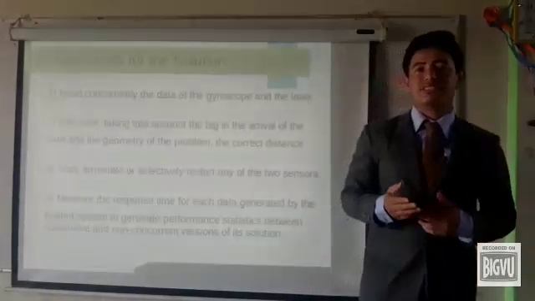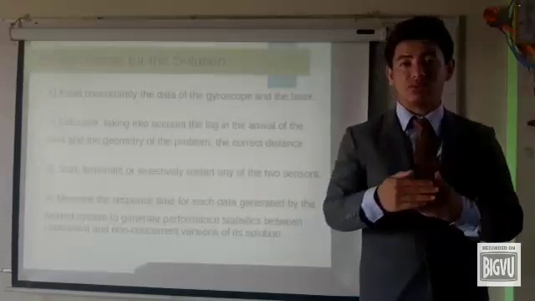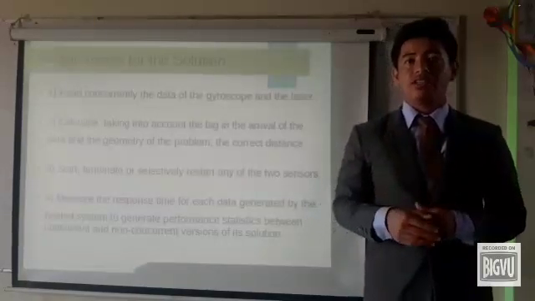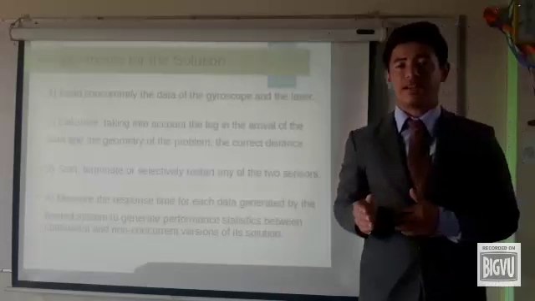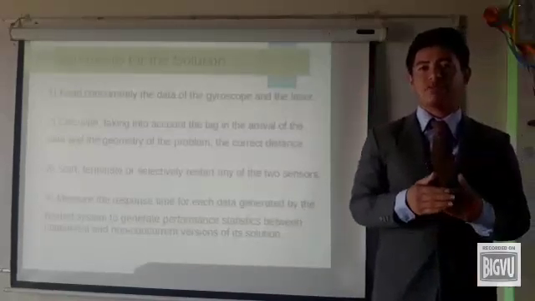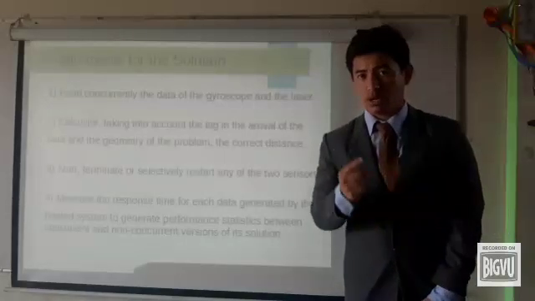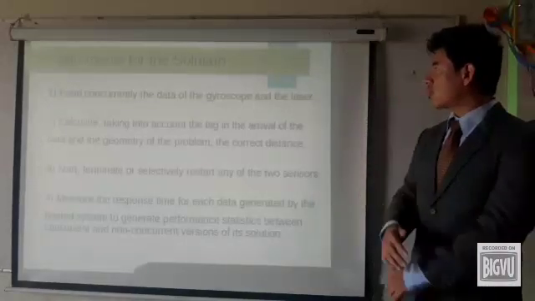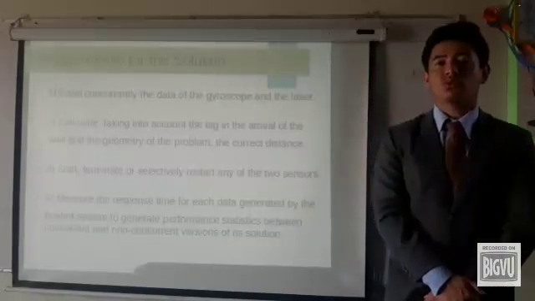The problem is to design a system that provides the best estimate of the real distance to the object in the shortest time possible and without loss of sensor data. After asking the corresponding questions, we reached an agreement that the solution should have the capacity to: 1. Reconfigure the data of the gyroscope and the laser. 2.